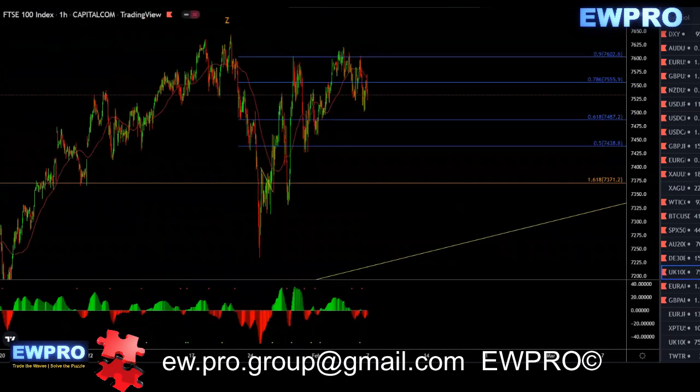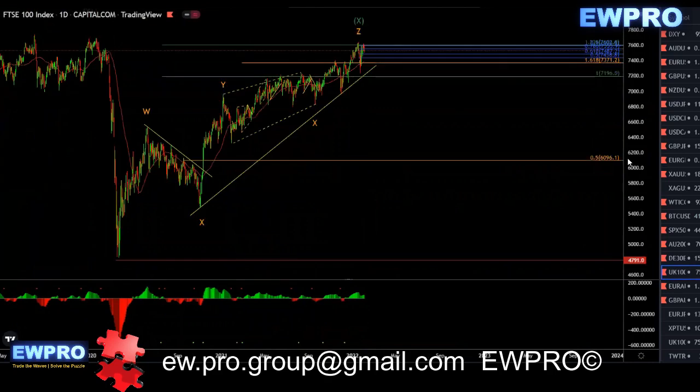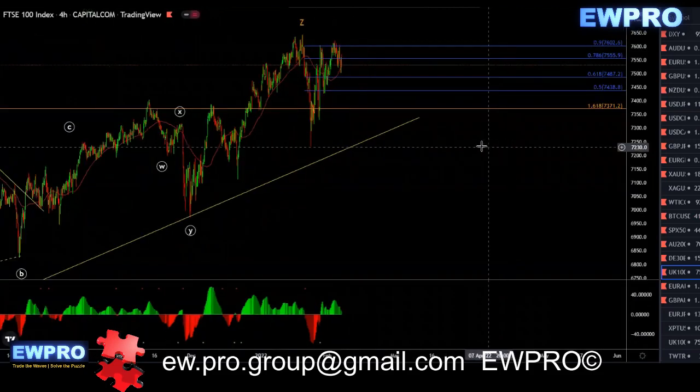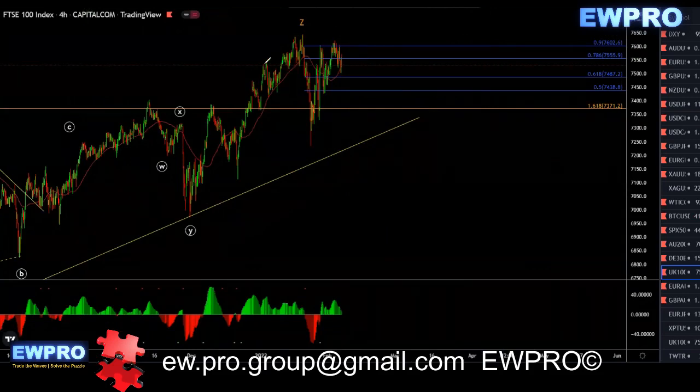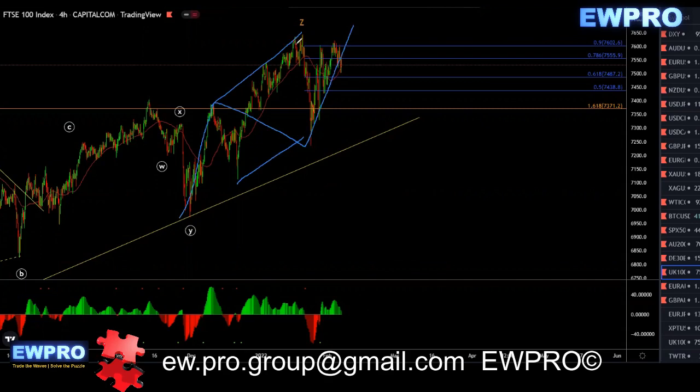The FTSE on the daily. So we got that WXY X2 Z up. We got all this bearish divergence, so extremely risky to buy. There was this possible flat here for an A, B, C, and that is still possible.